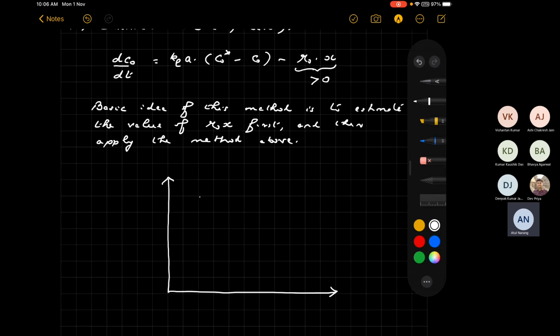And how do you do that? So let's say this is the time t equal to 0. I'm operating the reactor with cells, so the bioreactor is growing.